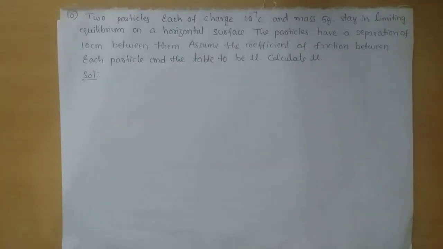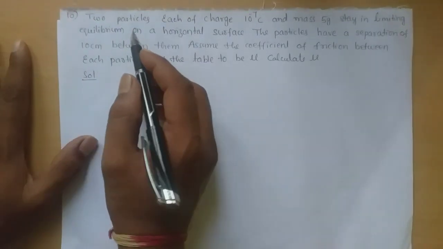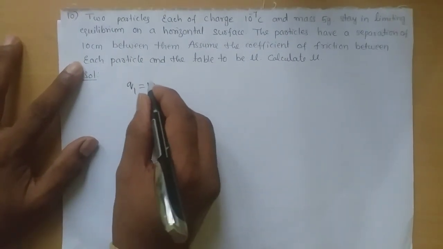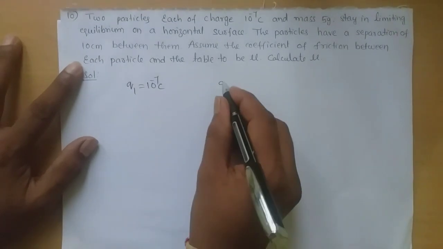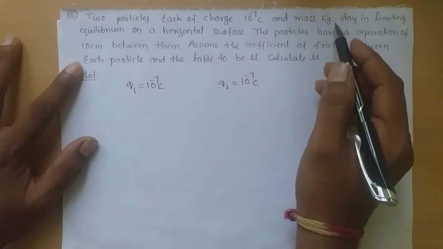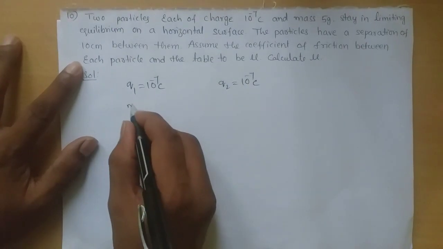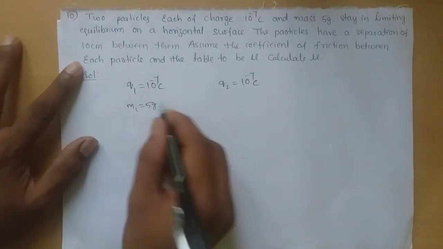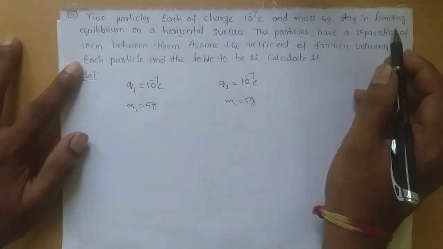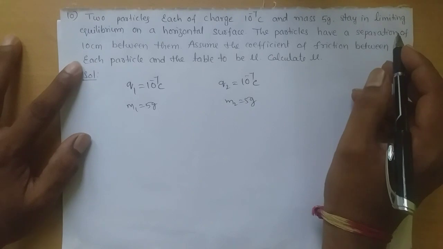Okay, see the next 10th question. Two particles each of charge: q1 equals 10 power minus 7 coulombs and q2 also equals 10 power minus 7 coulombs, and the mass is 5 gram. Both have masses m1 equals 5 gram, and m2 equals 5 gram only. Both stay in limiting equilibrium on a horizontal surface.